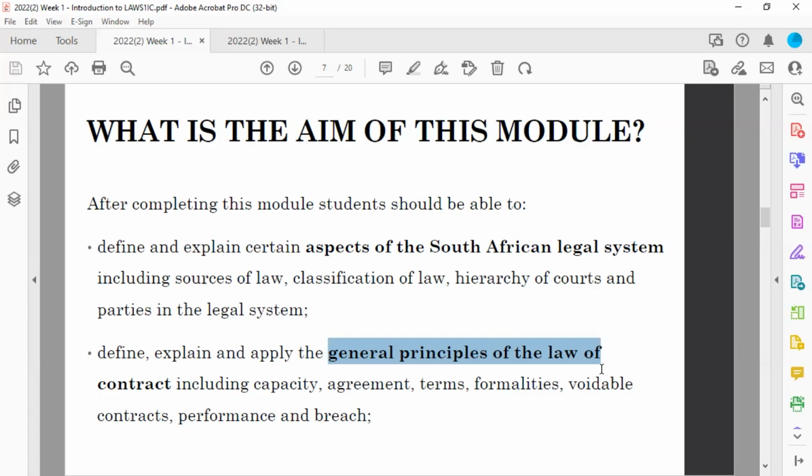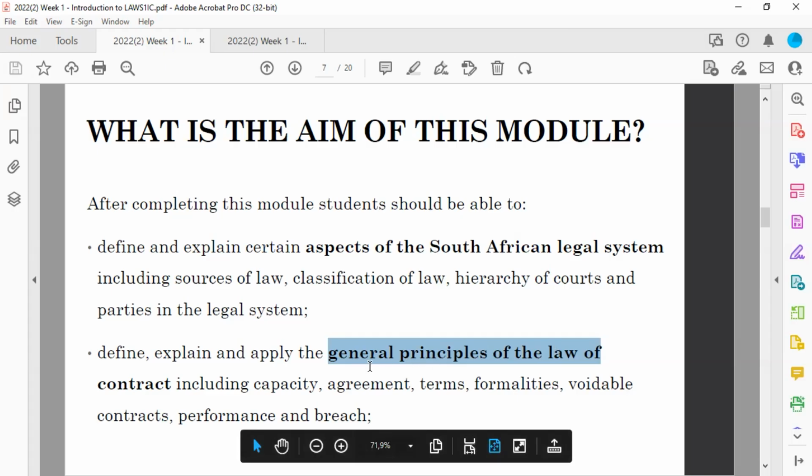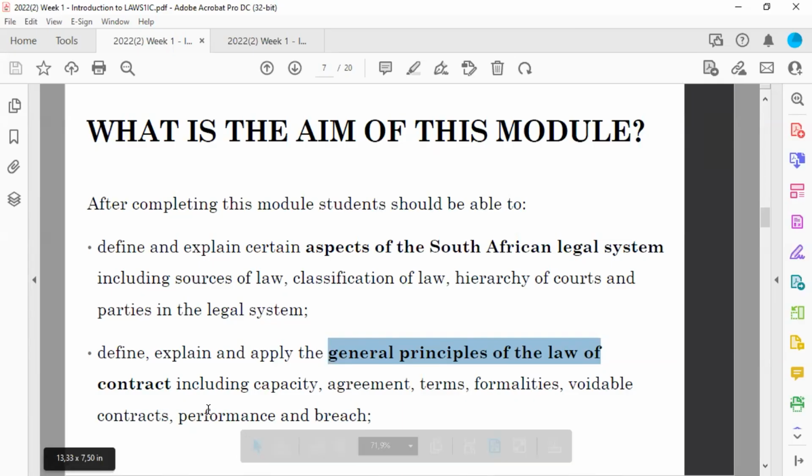You cannot force someone to enter into a contract with you. We're also going to look at capacity, agreement, the terms, the formalities, what is void or voidable, and breach of contract.